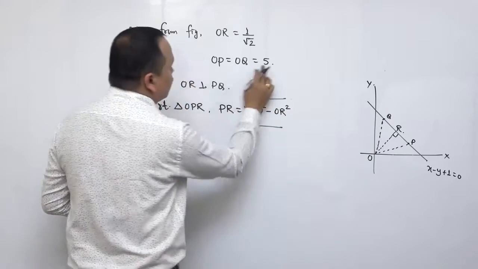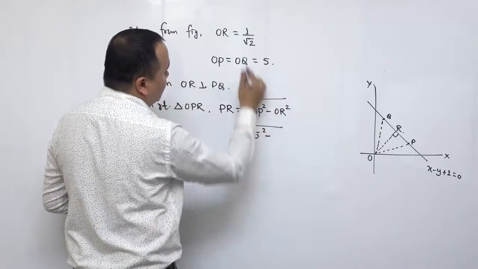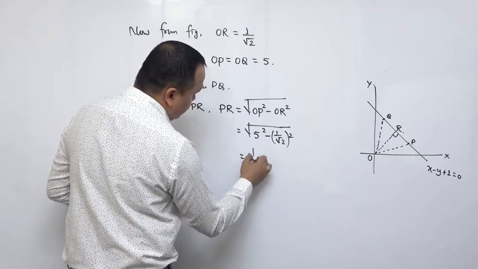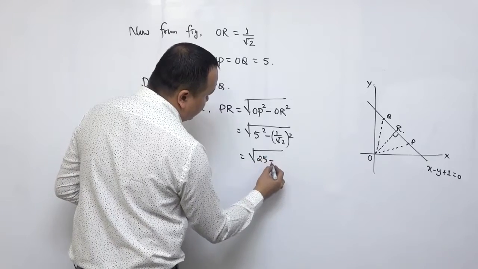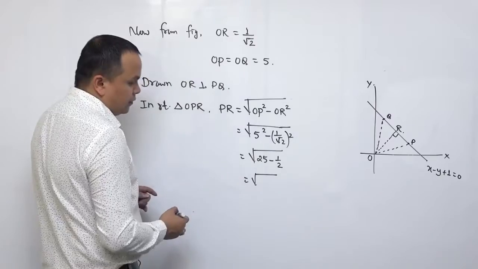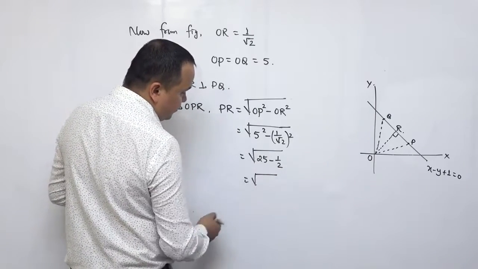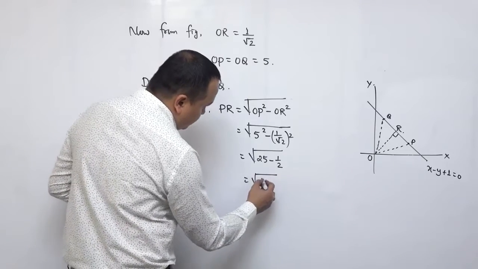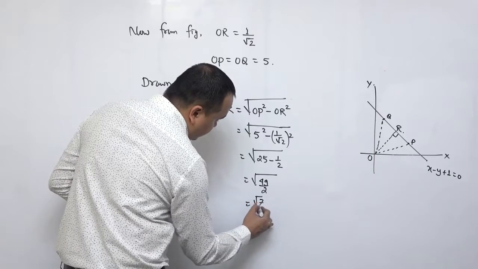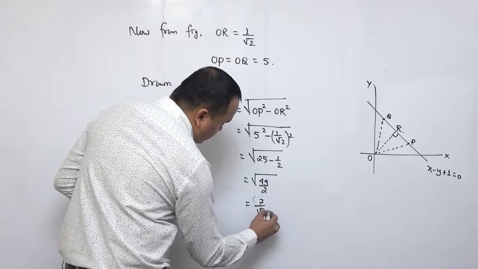We have OP is 5, square, minus OR 1 upon root 2, and this is 25 minus 1 upon 2, taking LCM, 2 into 25, 50 minus 1, 49 by 2, this is 7 upon root 2.